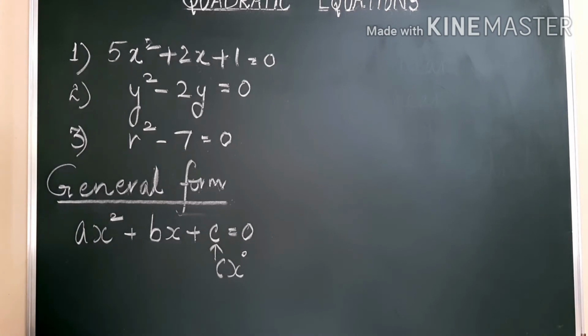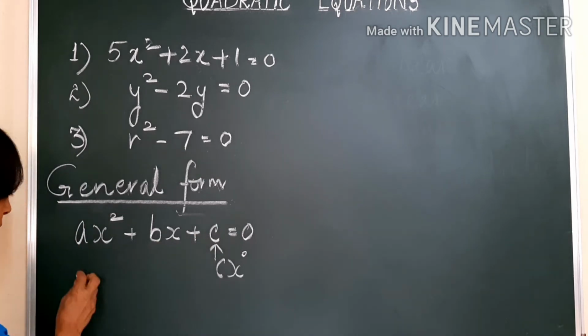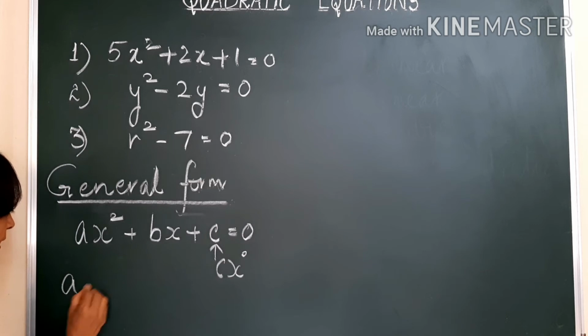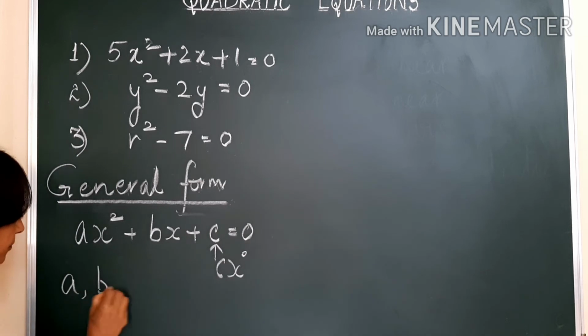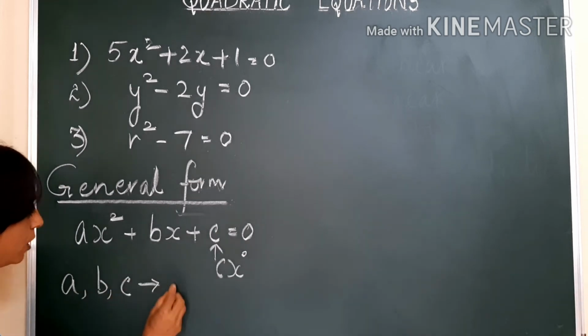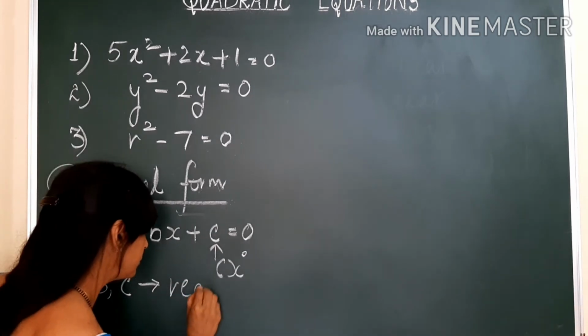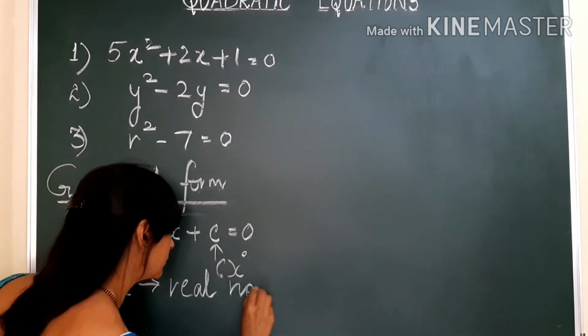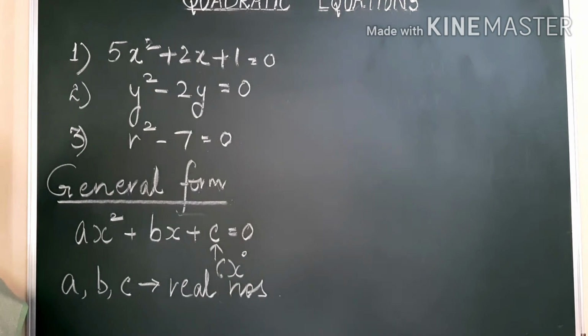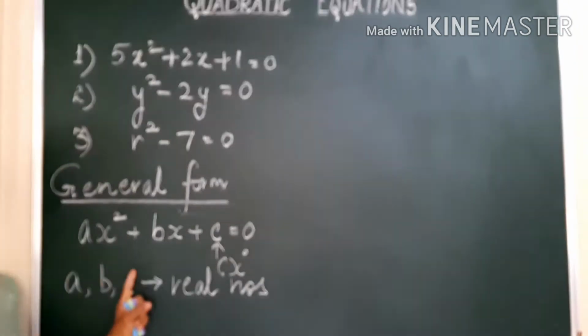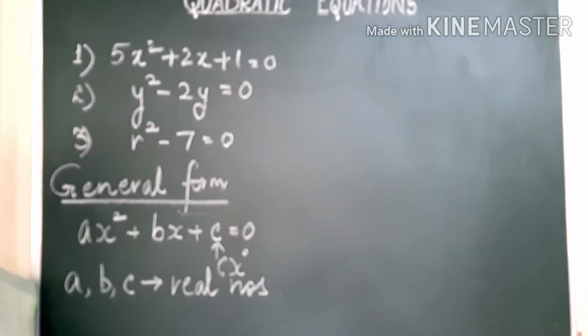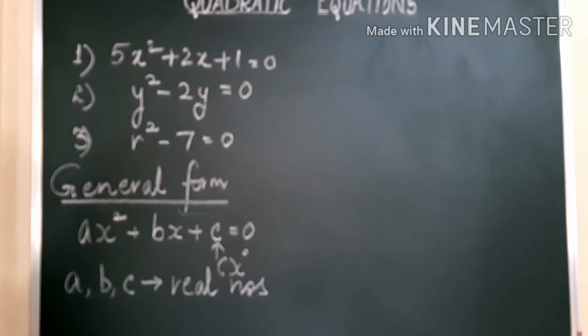Now further on, children, what are a, b, c? Over here, a, b, c are all real numbers. Once again I repeat, a, b, c are real numbers, right? But what is the condition?